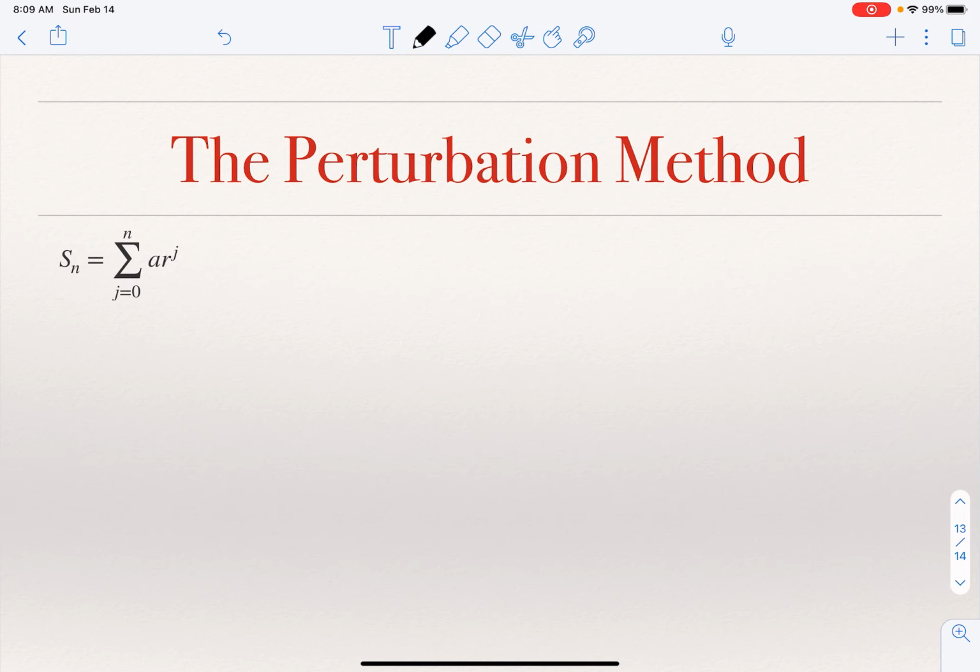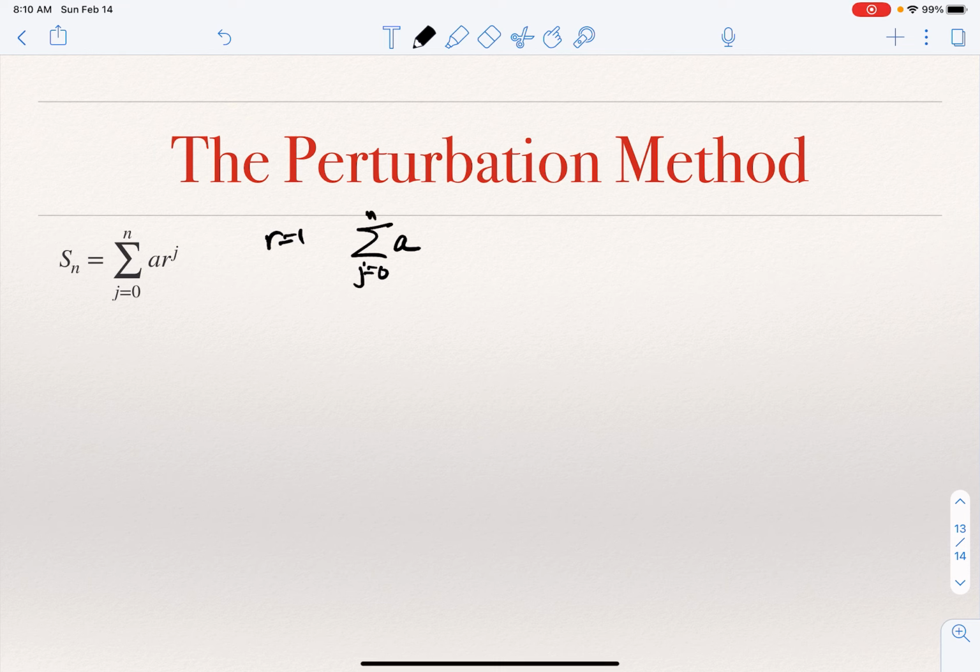So suppose I want to get this geometric series, or the series that arises from the sum of the first n plus 1 terms in a geometric sequence. If you look at this summation here, the sum of j from j equals 0 to n of ar to the j, one simple case is if r equals 1. If r equals 1, then this summation is really just the sum of a from j equals 0 to n.